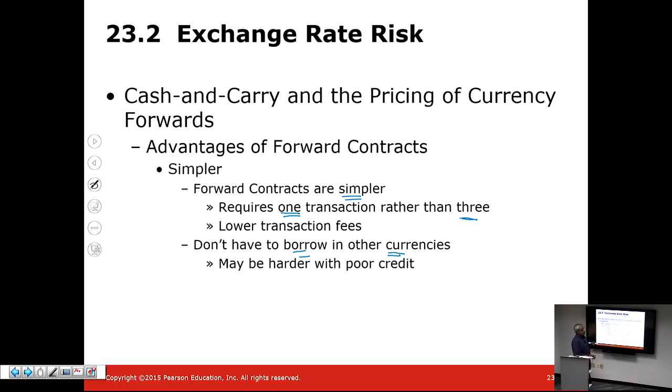And secondly, your deposits may or may not be effective depending upon which country you have to deposit. Some countries have restrictions on foreign deposits and things like that. So to mitigate all of the problems that can come from the cash and carry transaction, the forward contract offers a more efficient alternative.